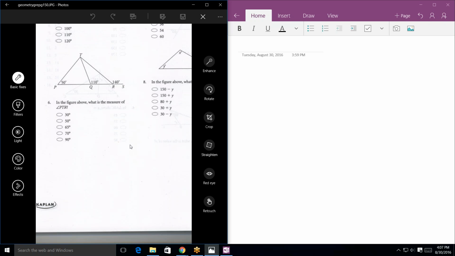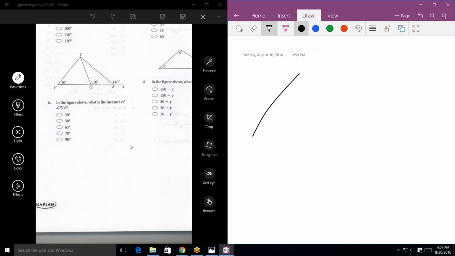And then using the rule that all angles in a triangle must equal 180, I'm going to use those to find the final angles, PTQ and PTR.